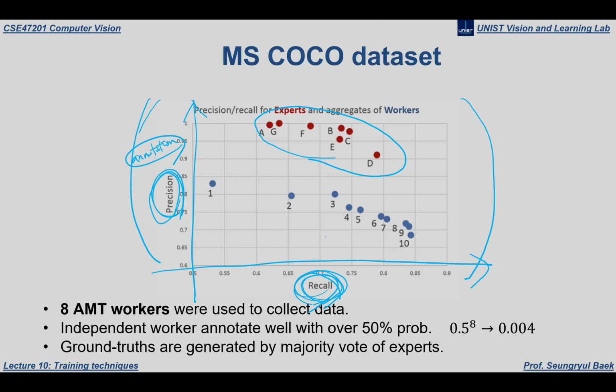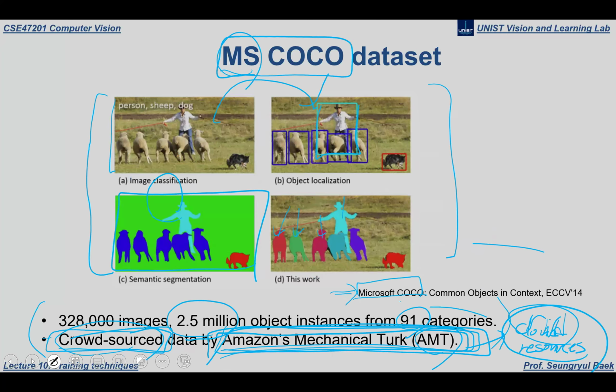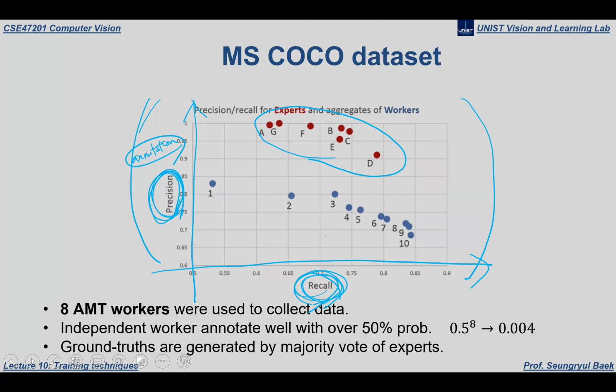And precision means the quality when annotated. Okay, sorry. And this graph is saying that they hired 8 workers in the AMT system to collect the annotation, and this is the number of AMT workers. They are visualizing the AMT workers.